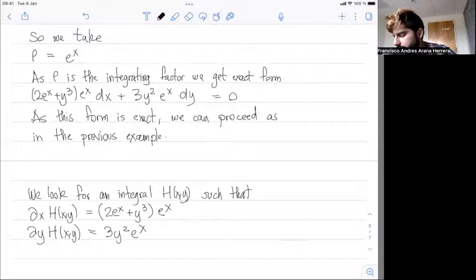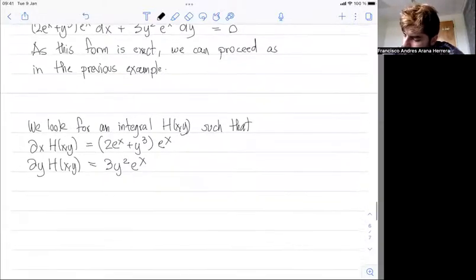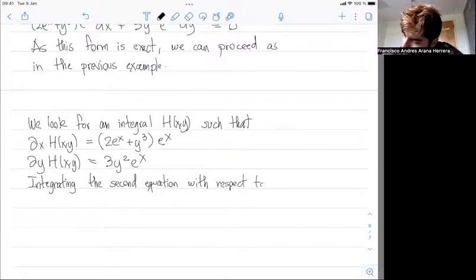In this case, as we said before, we need to choose one equation to integrate. The second equation looks much simpler, so let's do that. Integrating the second equation with respect to y, considering x as a constant, what do we get?